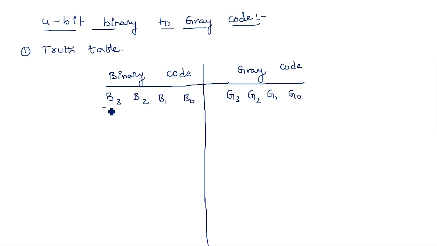As it is 4-bit data, it varies from 4 zeros to 4 ones, 0 to 16. So I'm first writing all the binary format. You already know very well how to represent normal binary format, which is nothing but 8421 code.